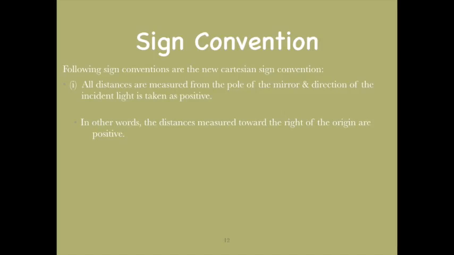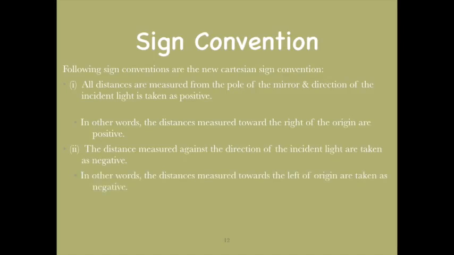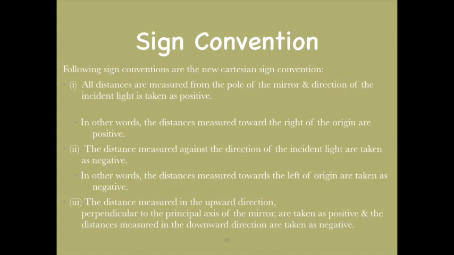Similarly, the distances measured against the direction of the incident light are taken to be negative. In other words, the distances measured to the left of the origin are considered to be negative. Coming to the third point, the distance measured in the upward direction perpendicular to the PA of the mirror is taken as positive and the one below is taken to be negative.